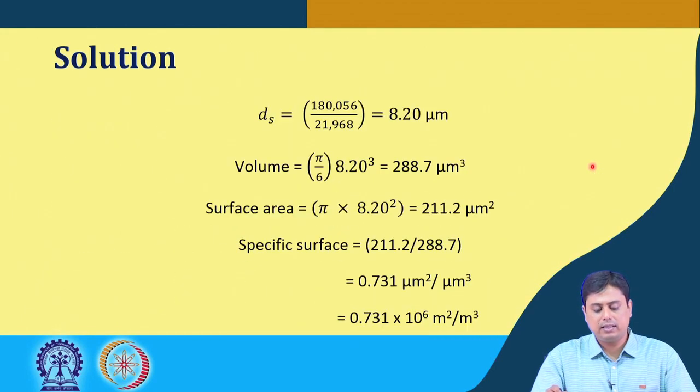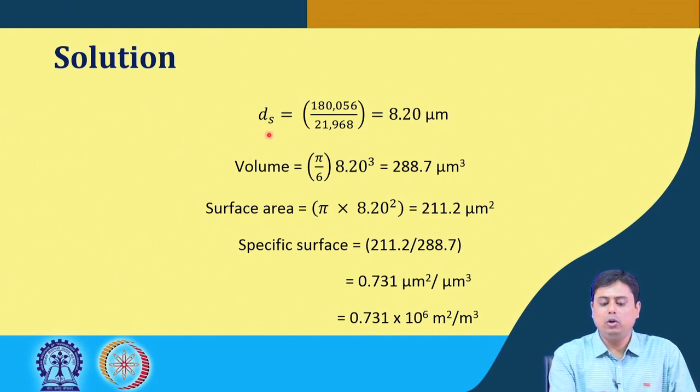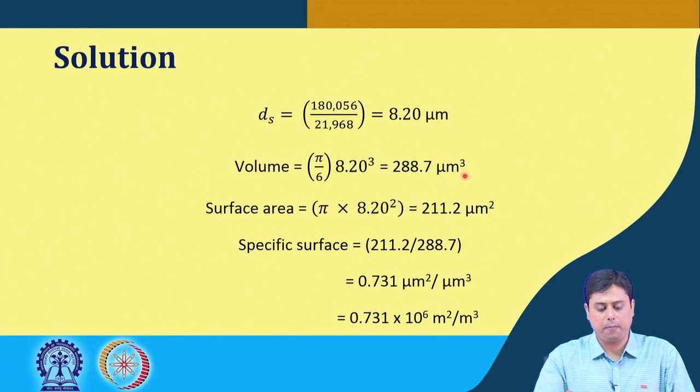If you now consider that this 8.2 micron is the diameter of a spherical particle, and we calculate its specific surface area, then the volume of a spherical particle having this diameter is 288.7 cubic micron, and the surface area comes out to be 211.2 square micron.